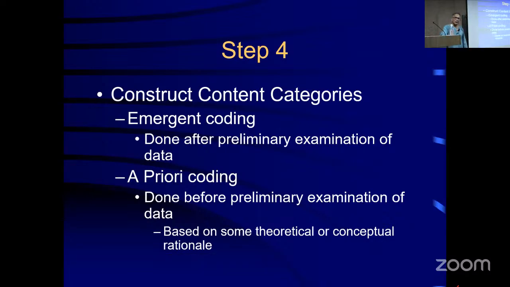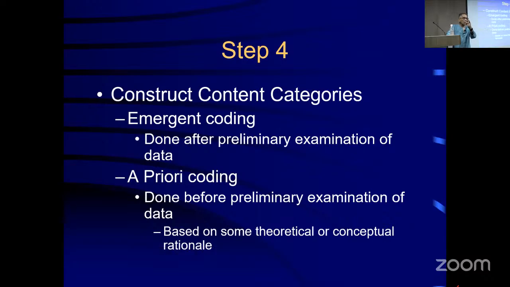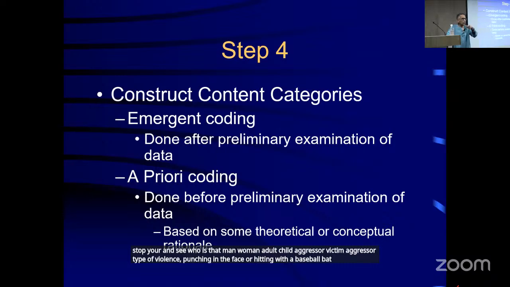In the case of television, same thing. Every character with a speaking part, stop your tape and see who that is: man, woman, adult, child, aggressor, victim, type of violence, punching in the face or hitting with a baseball bat. Who is the aggressor?